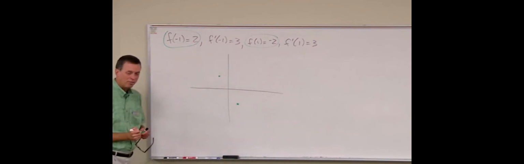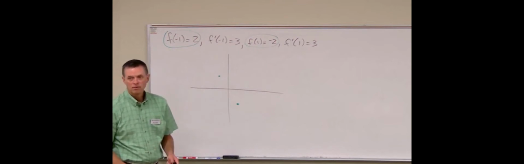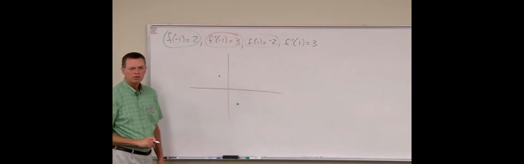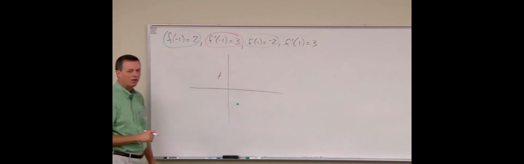So whatever else I do with my graph, it has to hit those 2 points. The rest of it has to do with slopes of tangent lines. This tells me at that point I have to have a slope of 3. Slope of 3 is pretty steep. So I'm going to put just a short segment here that's pretty steep going through that point. I'll figure out the rest of it in a minute.